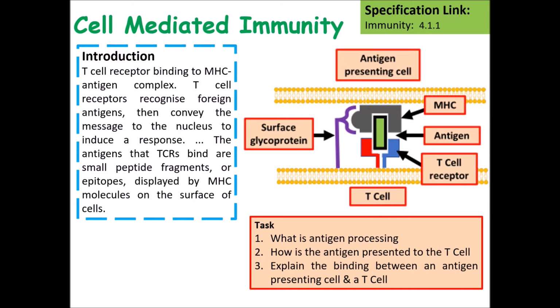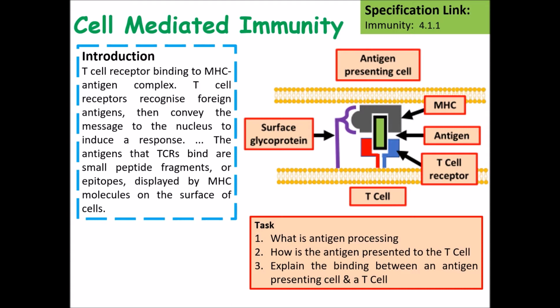The way that it does this, the T cell receptor binding to the major histocompatibility complex, is the first stage. T cell receptors recognize foreign antigens. They convey the message to the nucleus to induce a response within that cell.